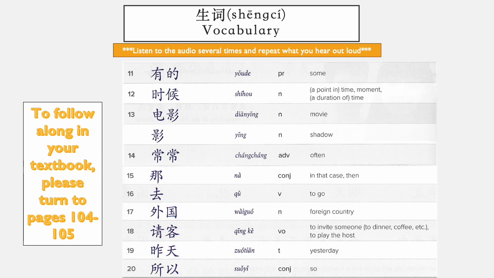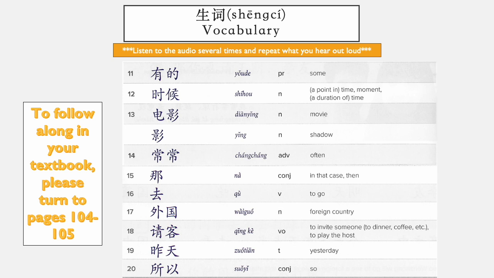Then. 16. 去 To go. 17. 外国 Foreign country. 18. 请客 To invite someone to dinner, coffee, etc. To play the host. 19. 昨天 Yesterday. 20. 所以 So.